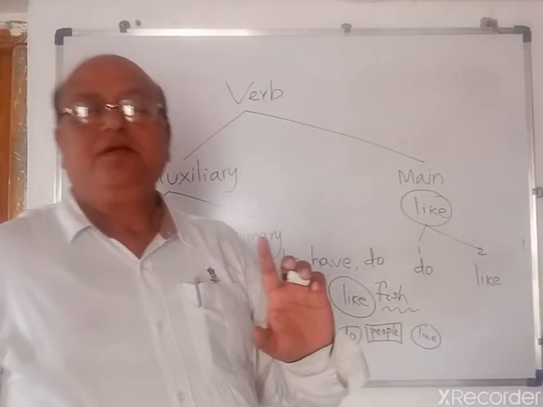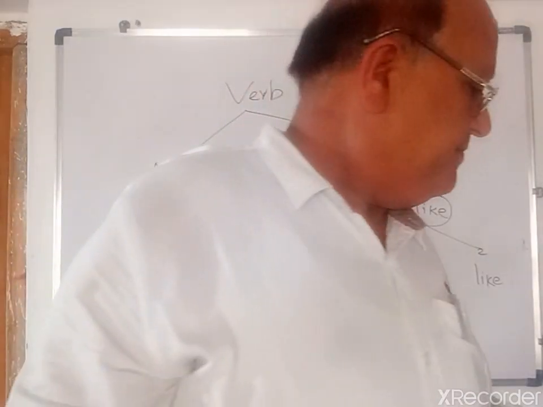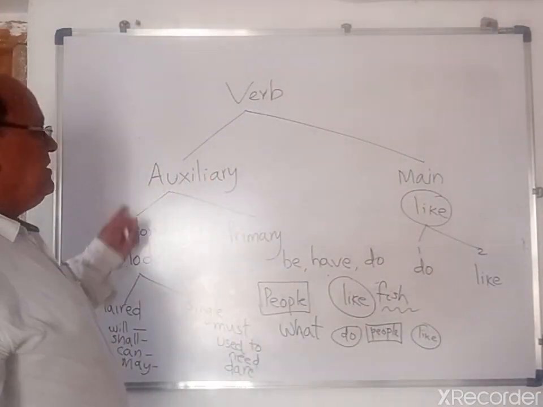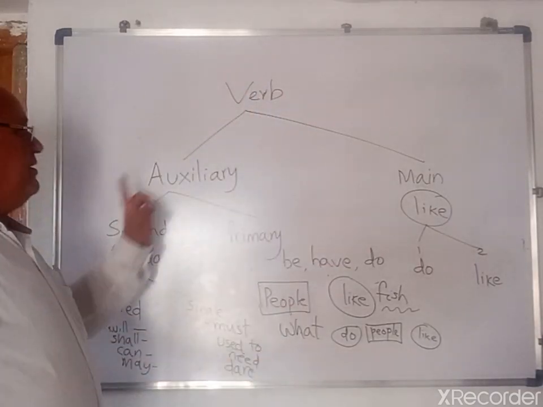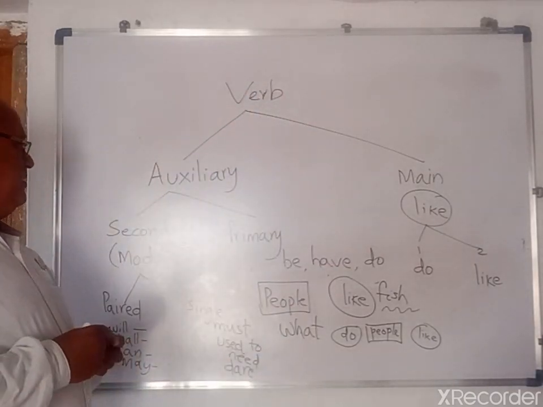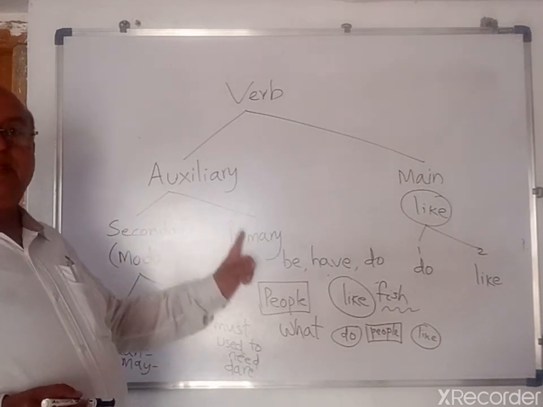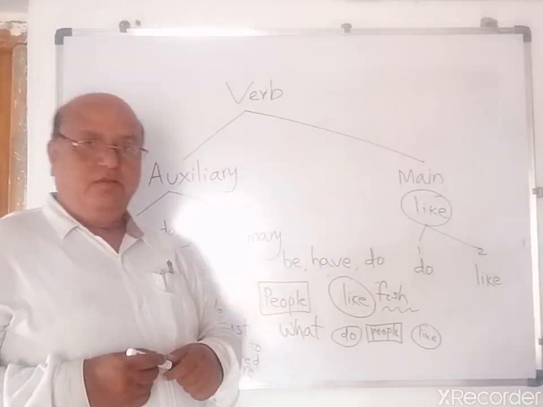This is the necessity of dummy or operator. Am I clear? So this is the diagram of a verb: auxiliary, two types, secondary and primary, and main verb.